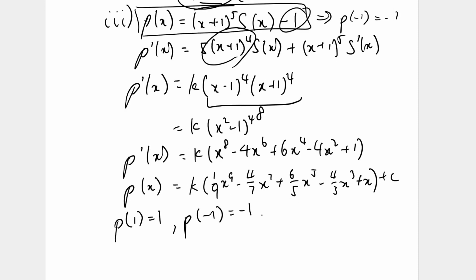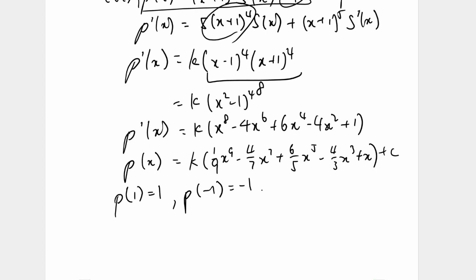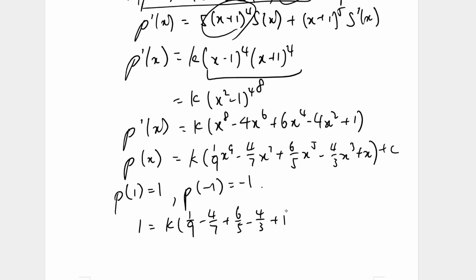Well, it just comes down to substitution. So what have we got? 1 equals k times (1 over 9 minus 4 over 7 plus 6 over 5 minus 4 over 3 plus 1) plus c.